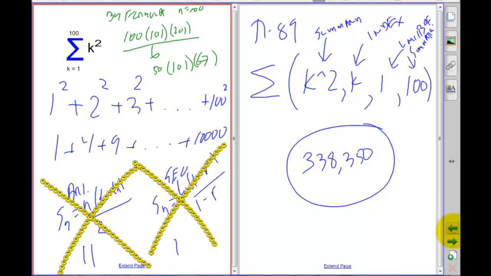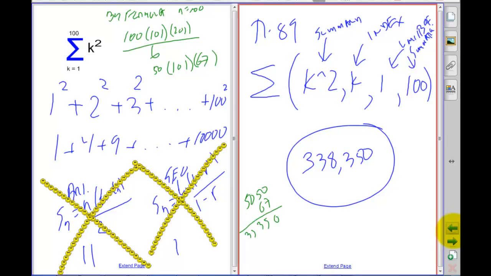It's 67 times 50, 50. Check out the 3s here. 3, 3, 3, 3, 8, 3, 5, 0. Yes! See, it can be done by hand.